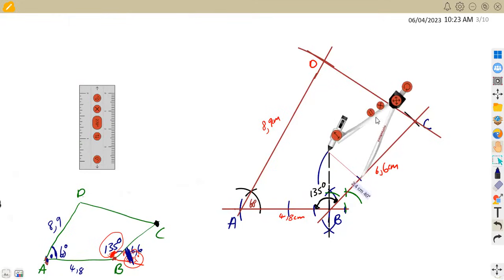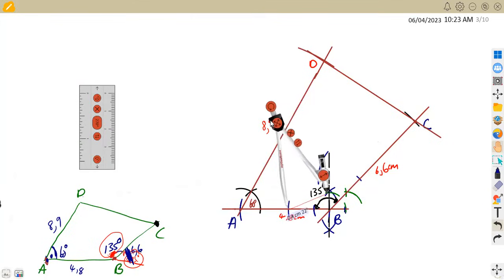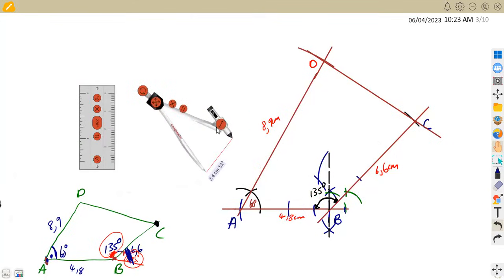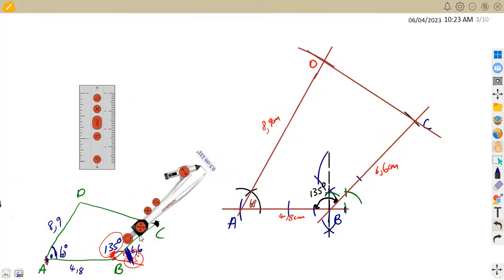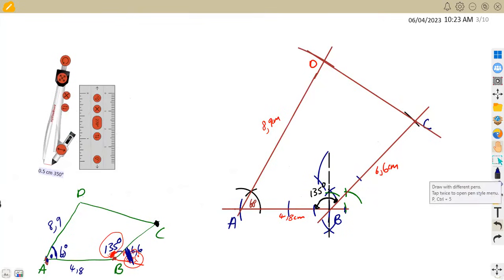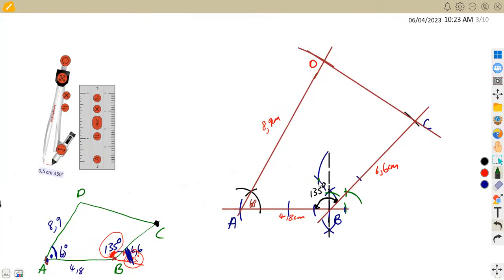All right, so we do the same from this point here. We mark our arc back here. So these arcs must meet at a certain point. If you take note properly here, these two arcs met at this point here.